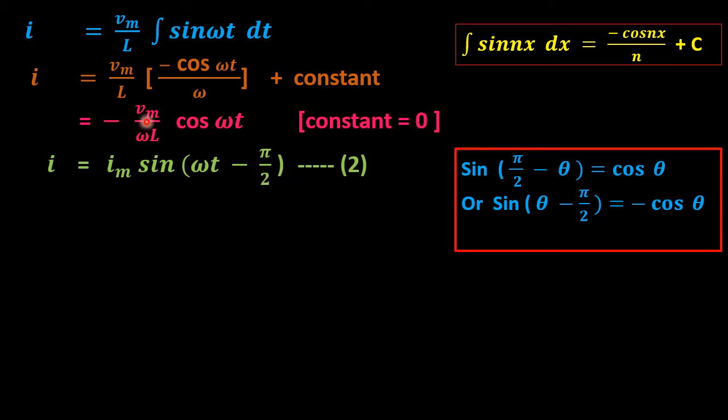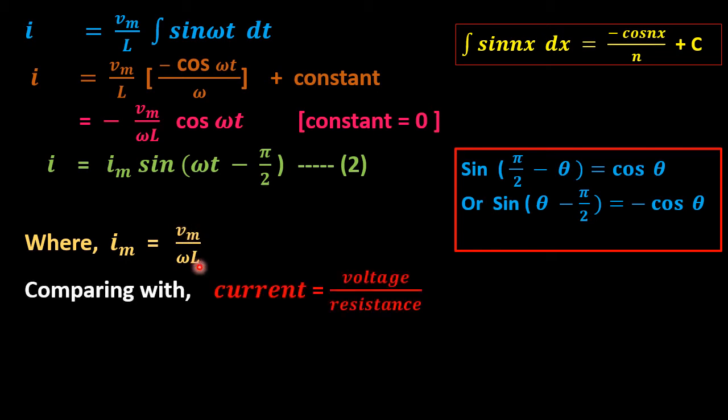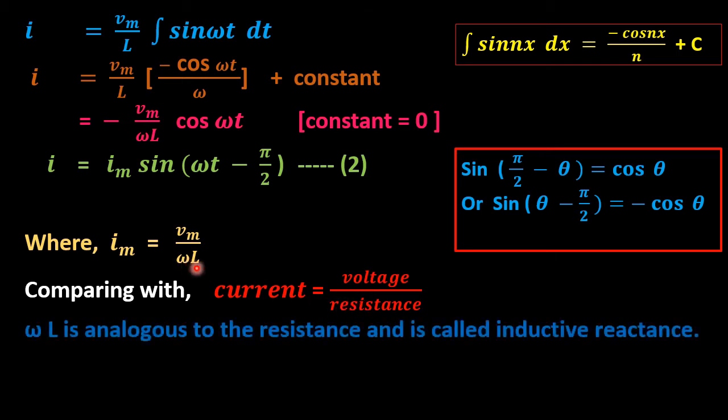Here, this Vm by omega L we have replaced by Im. Then if we compare this equation with Ohm's law, which gives current equals voltage by resistance, we find that resistance is analogous to omega L. So omega L is analogous to resistance and is called the inductive reactance.